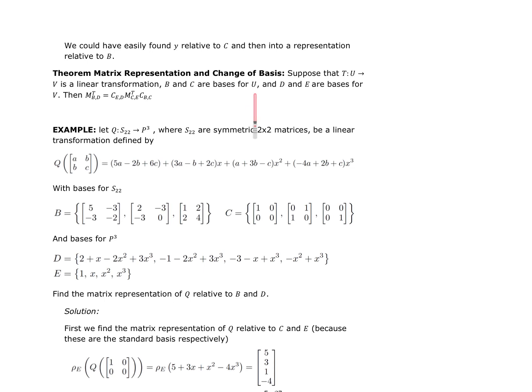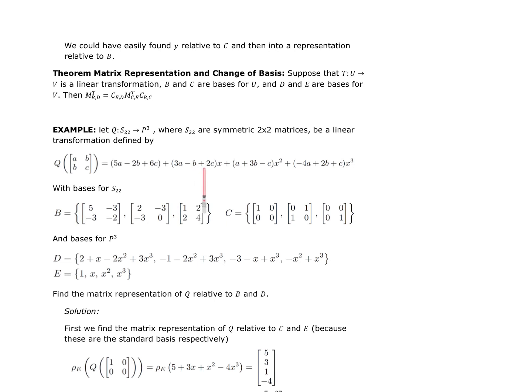B and C are bases for U, D and E are bases for V. Then I can do my transformation T from B to D is equal to the matrix change of basis from E to D multiplied by my matrix that is represented by the linear transformation from C to E multiplied by my change of basis matrix from B to C. Whole bunch of stuff going on there.